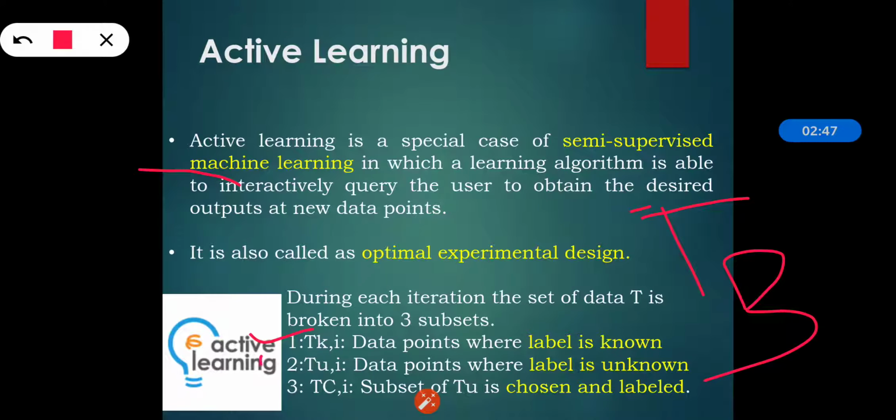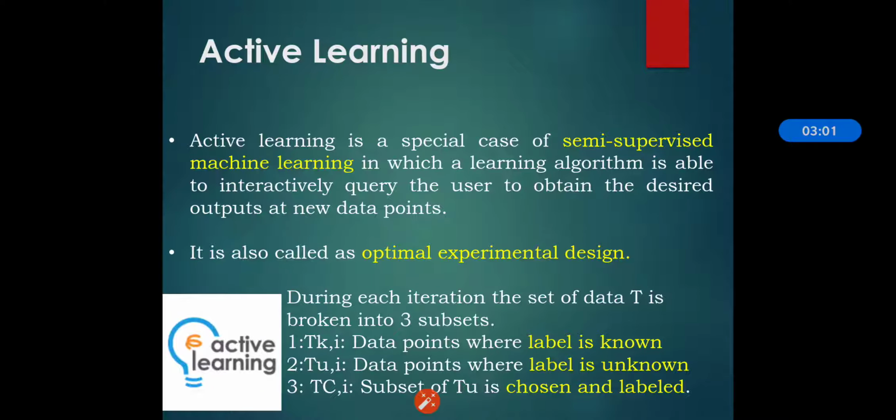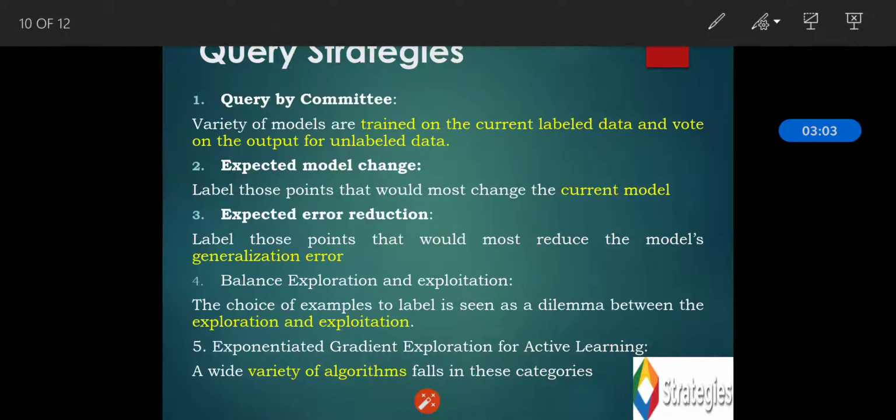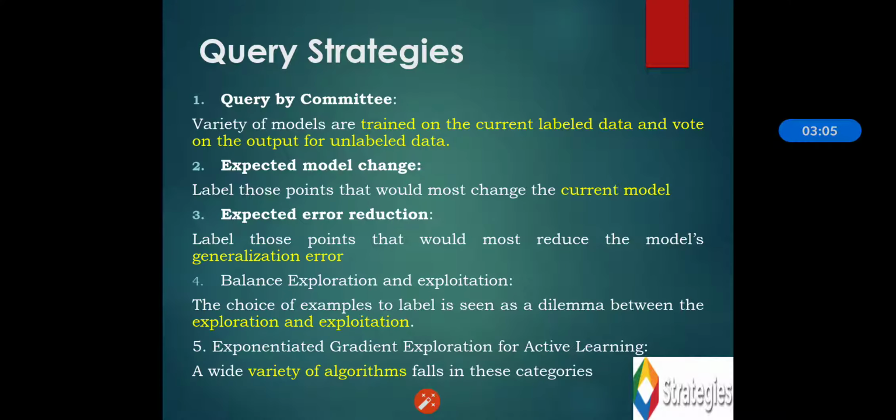The second one is TUI, where the label is unknown, and the third is TCI, that is the subset of TU that is chosen and labeled. So these are the three types of data subsets that are taken from the main data set. Then the query strategies that are used for active learning.